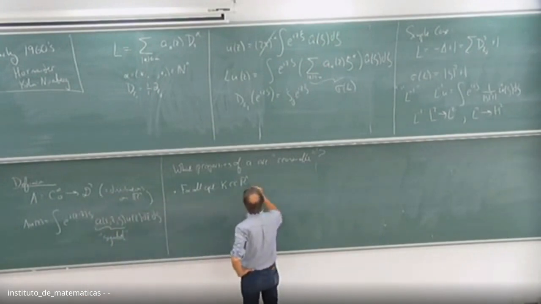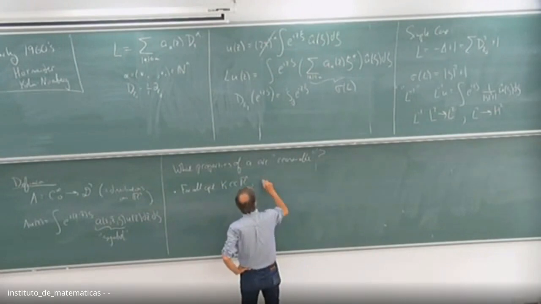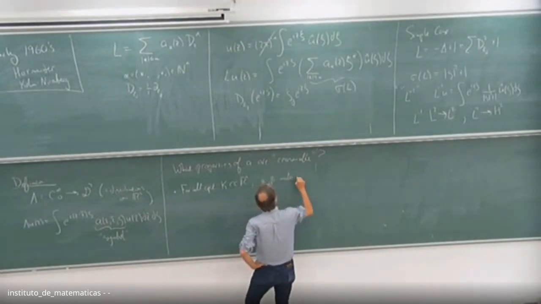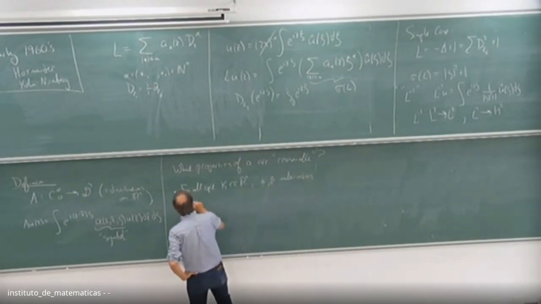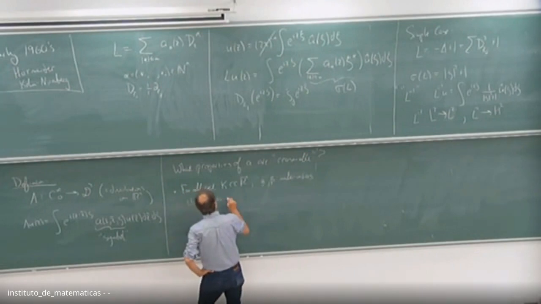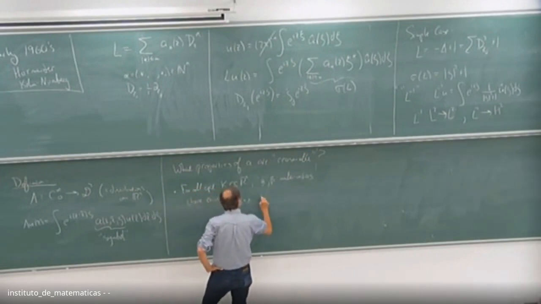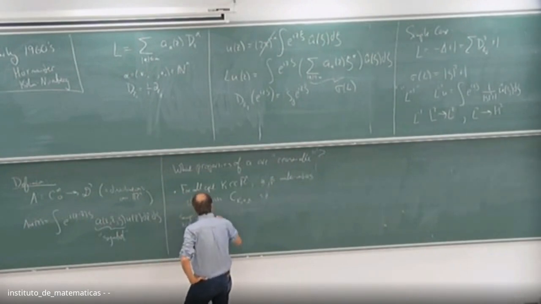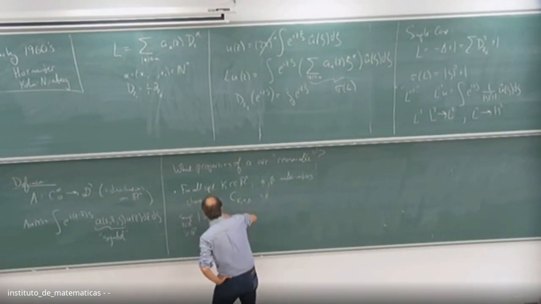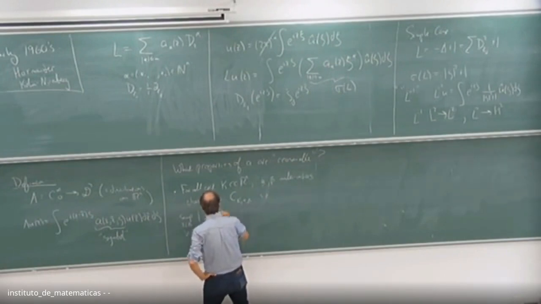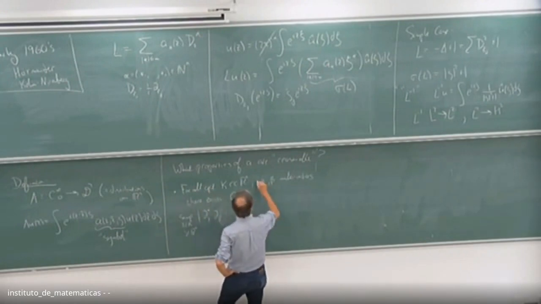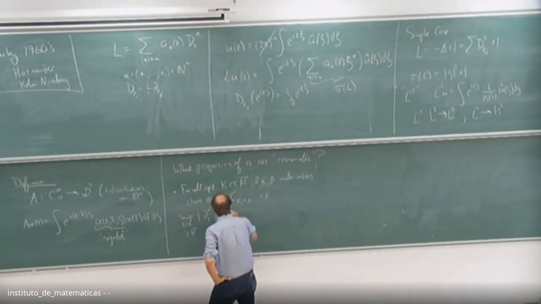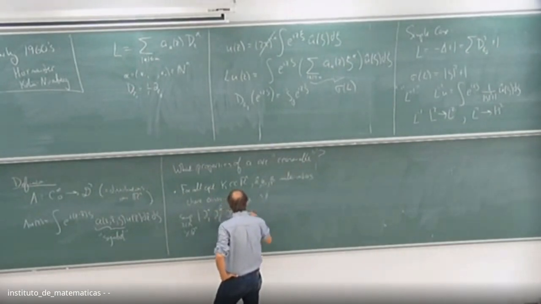For all compact sets K in Rn, there exist multi-indices alpha and beta, there exists a constant C sub K alpha and beta such that the supremum for Z in K and zeta in Rn of dz alpha, dz tilde alpha hat, d zeta beta of A of Z, Z tilde, zeta.